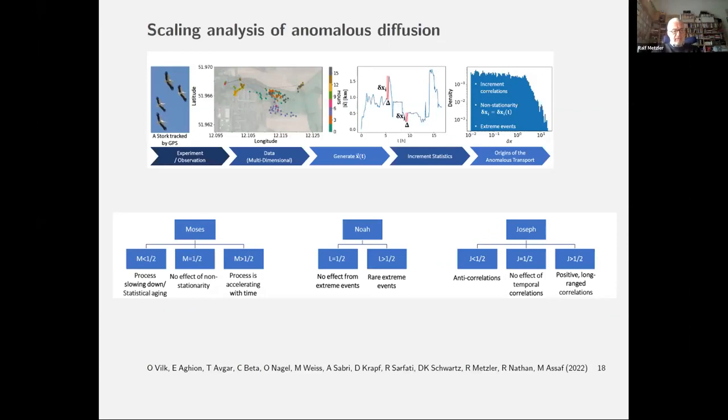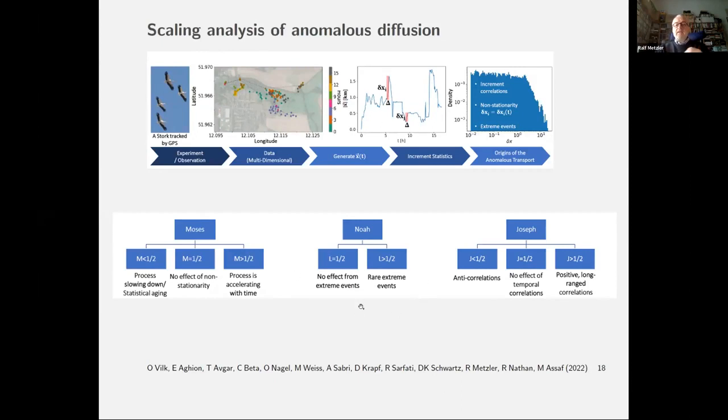The fact that persistent fractional Brownian motion is actually related to the movement of animals, we analyzed in a recent paper with many co-authors, many experimentalists, colleagues. This is being reviewed as we speak. And for instance, for the flight of certain birds, here you can see the trajectory of a stork very close to my office next to Berlin.